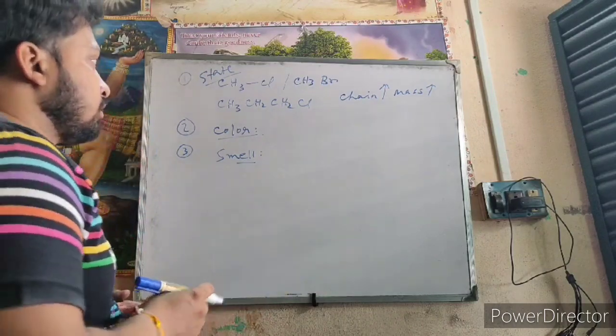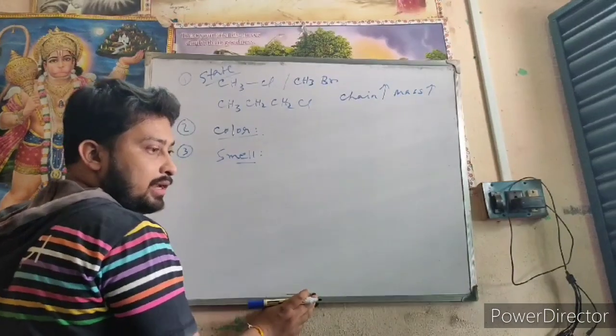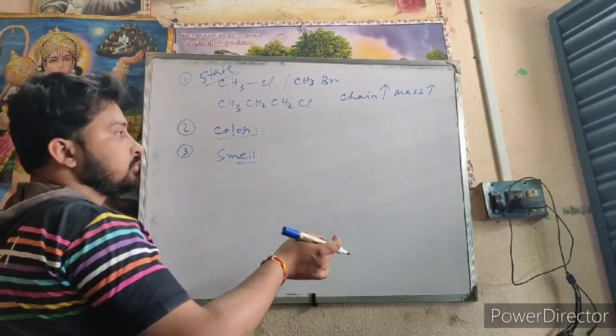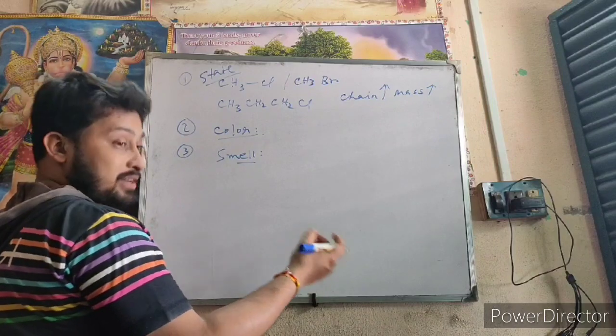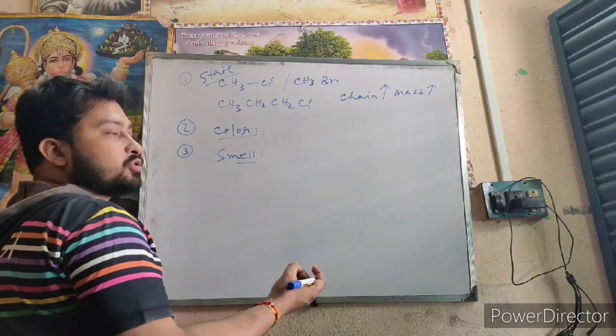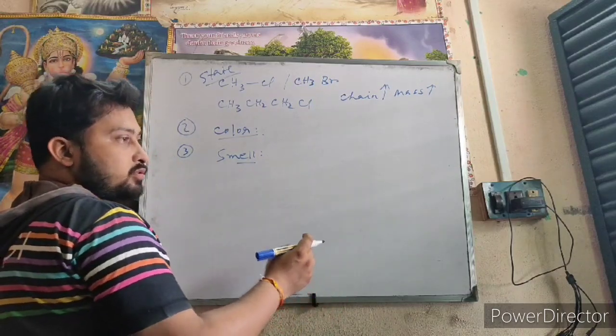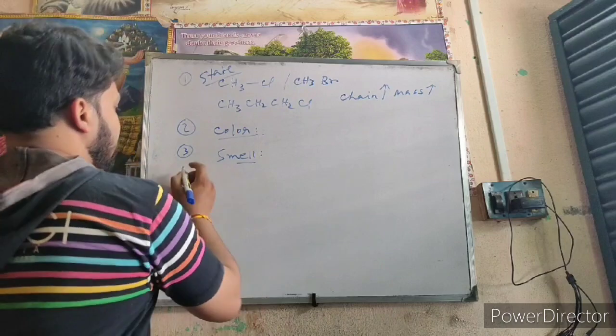Not all haloalkanes or haloarenes, but a few, mainly aromatic compounds. Aroma means scent. So some haloalkanes or haloarenes have a sweet smell.